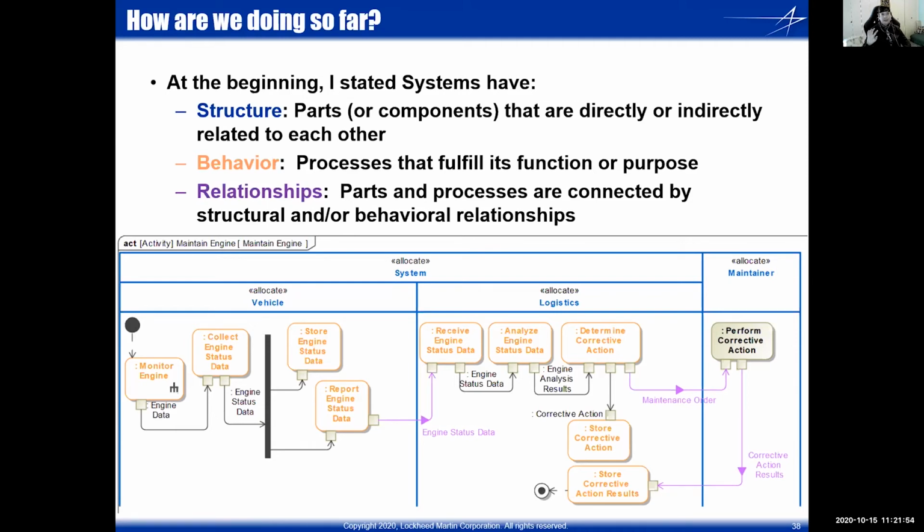Now I got to go back and do this for all my other requirements and make sure everything lines up. And if you can imagine having hundreds of these diagrams for hundreds of requirements that you have out there, this starts to be a massive amount of information to keep track of. And when I make a change, I don't want to have to go through 300 diagrams and make a change.